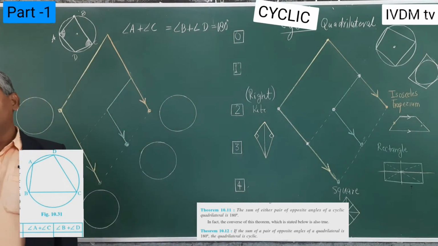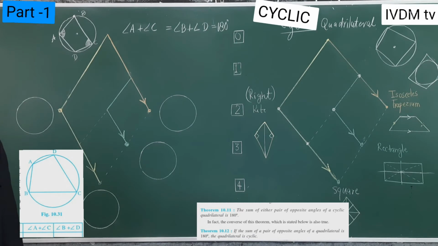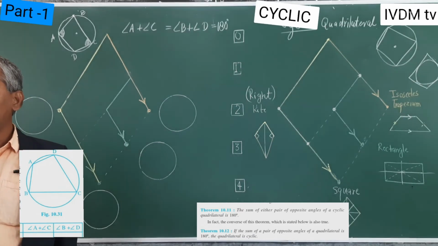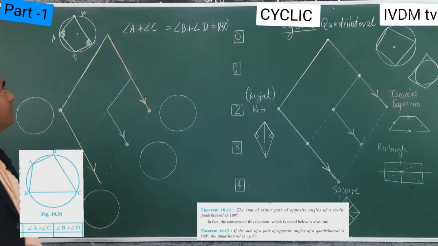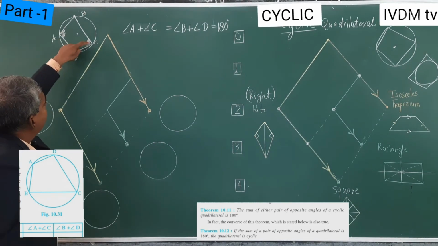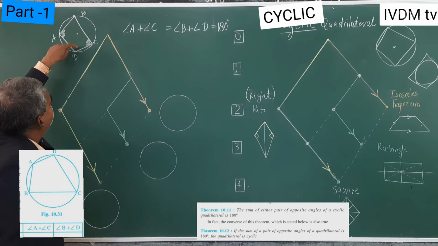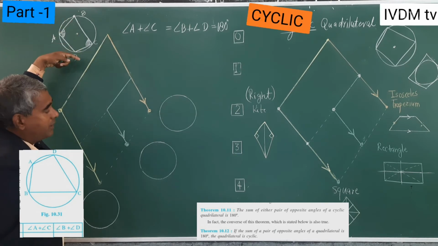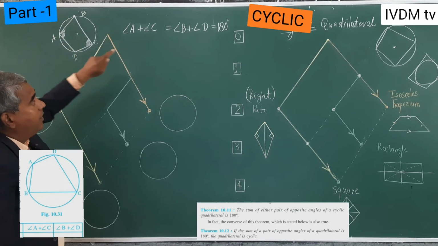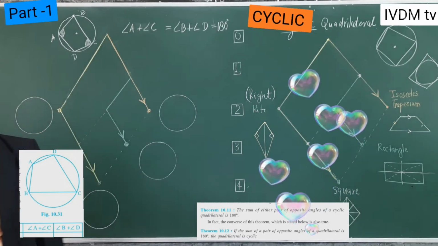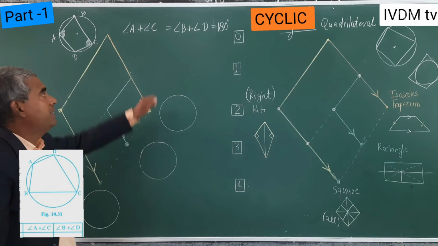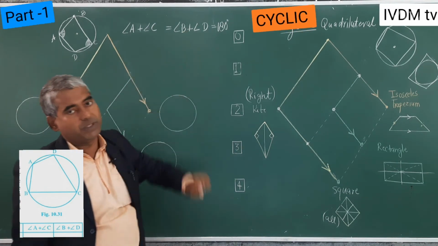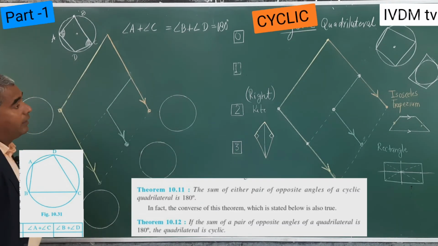In your book, theorem 10.11 says the sum of either pair of opposite angles; either pair means you may take A and C, or B and D. Only two pairs of opposite angles are there. So either pair of opposite angles of a cyclic quadrilateral sums to 180 degrees.